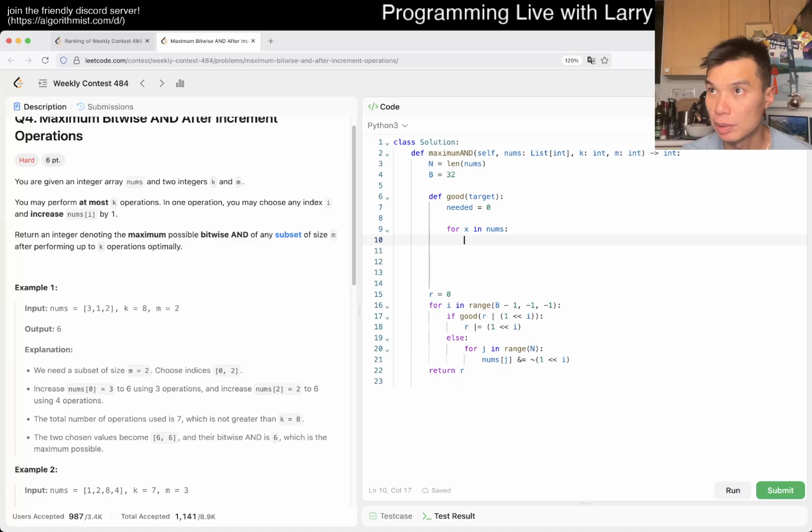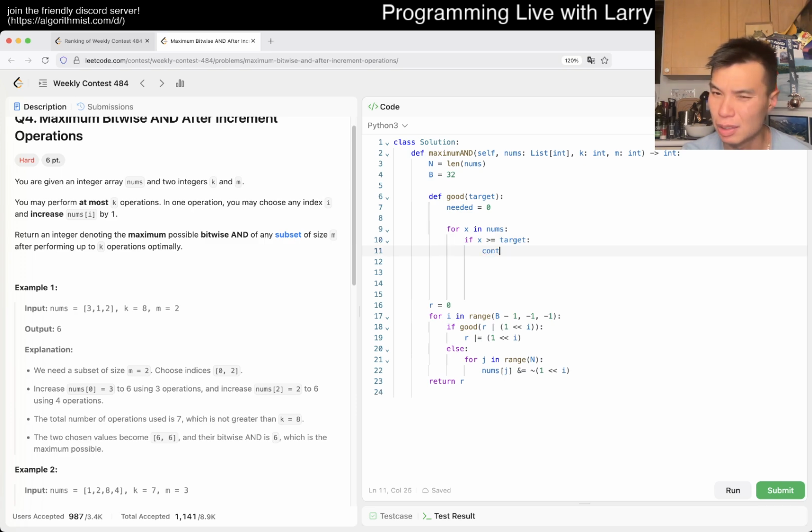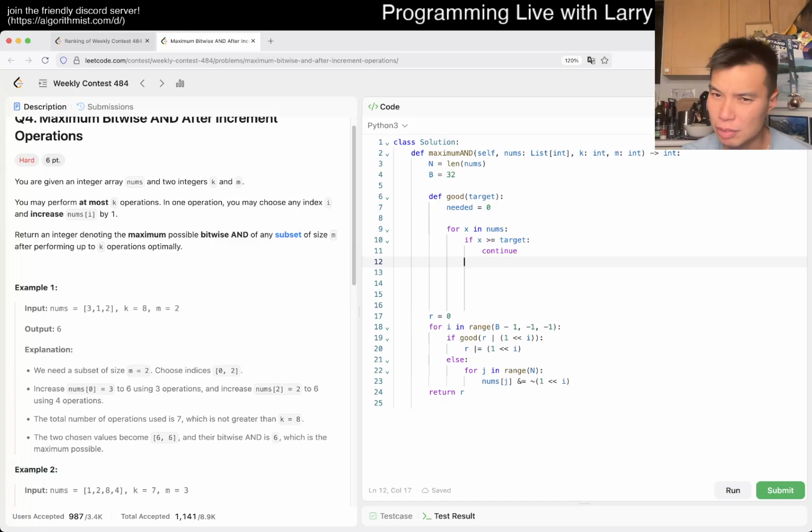So now this should match the prefix. If x is greater than target, then it just means that we're good, maybe? I'm not quite sure about this one.